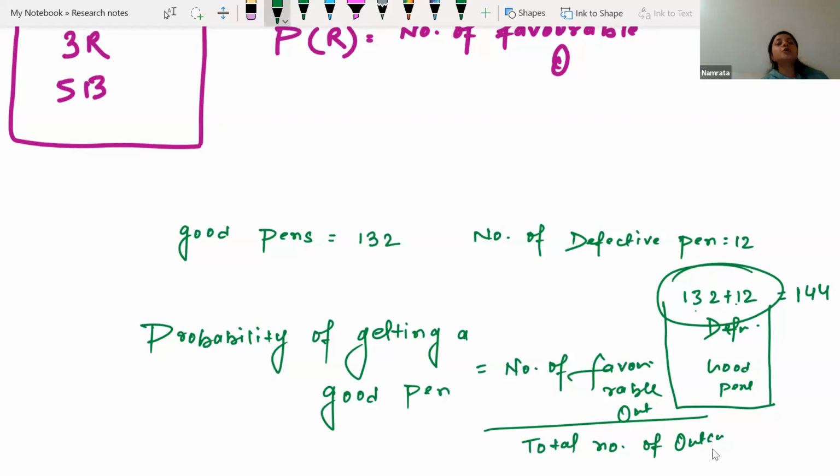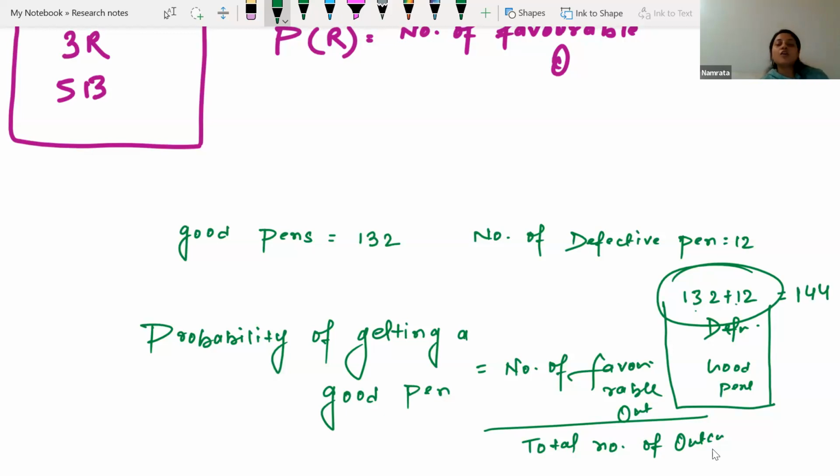What do we want to take out from there? We want to take out the good pen. So how many favorable cases are there? 132 favorable cases are there. That is the favorable number of outcomes, and total number of outcomes is 144.